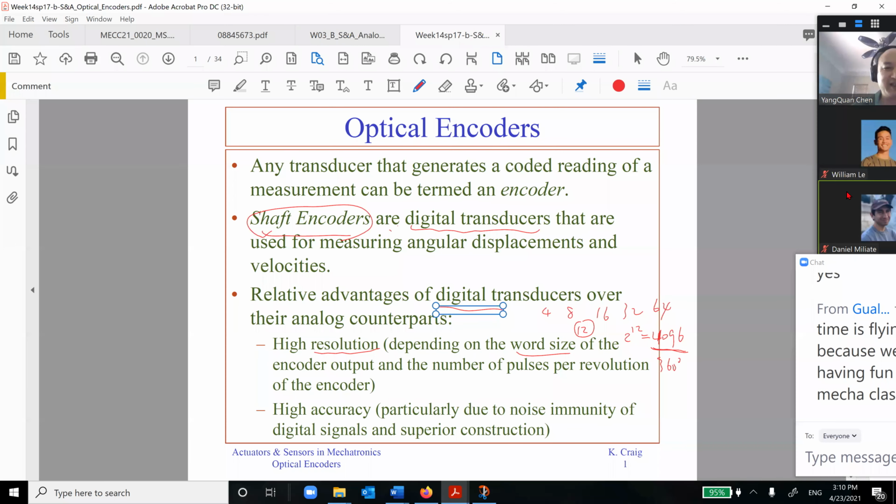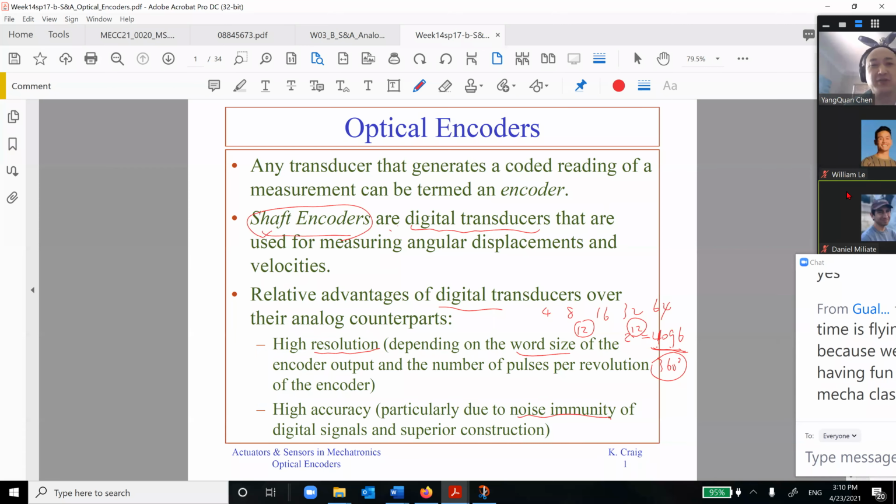It depends on how many bits you are talking about. If you have 12 bits, then it's 4096. If you have 360 degrees for one round, you can see it's actually very accurate, about 0.1 degree. So it could be very high resolution, high accuracy, and also noise immune, meaning it's a digital signal.